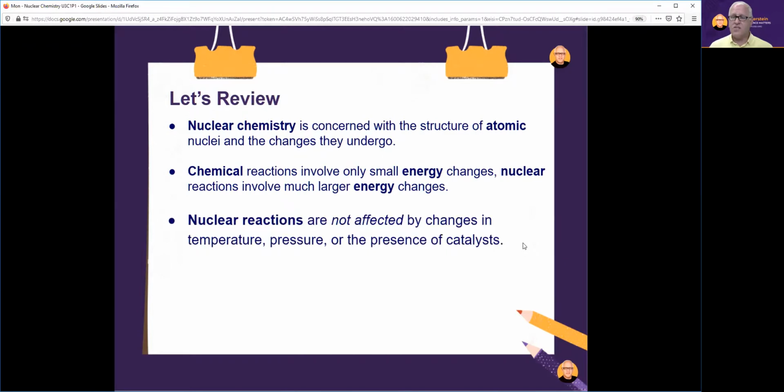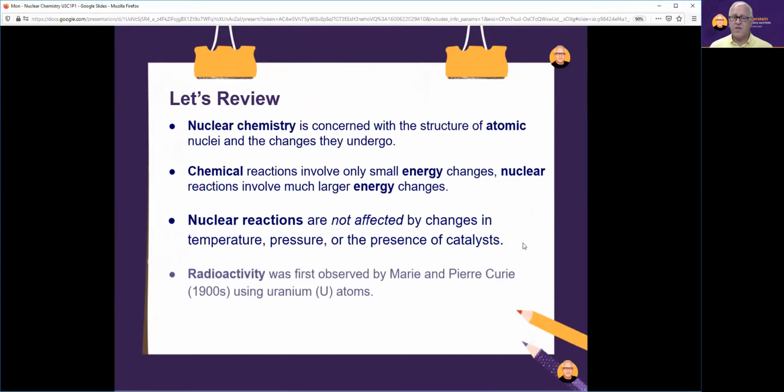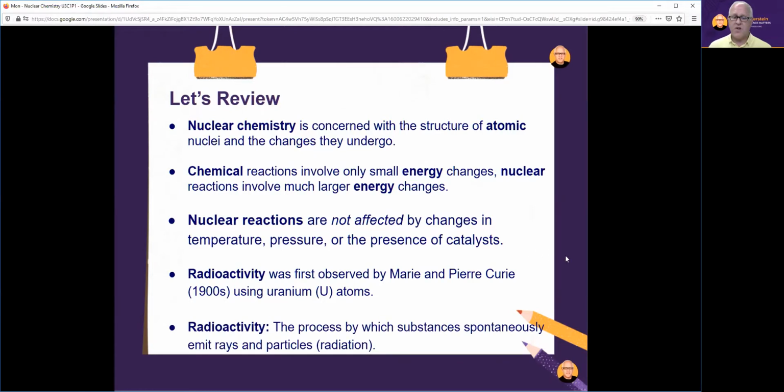Nuclear reactions are not affected by changes in temperature, pressure, or the presence of a catalyst. And radioactivity was first observed by Marie and Pierre Curie in the 1900s using uranium atoms. Radioactivity is the process by which substances spontaneously emit rays and particles, also known as radiation.